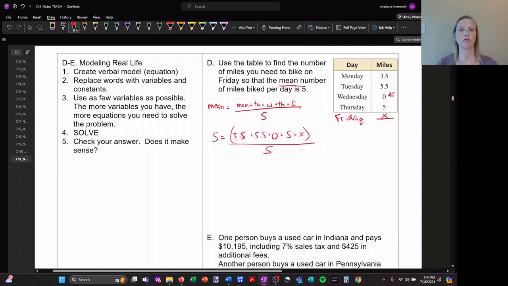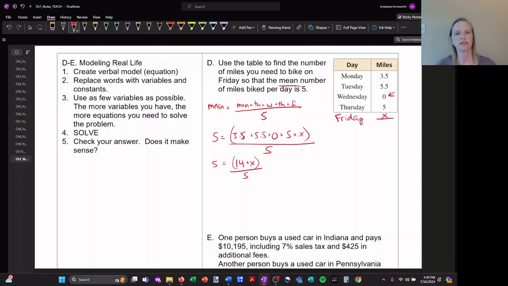As we try to solve for X here, the first step is to simplify what we have. There's a big addition problem in the numerator, so I'm going to add 3.5 plus 5.5 plus 5, those like terms, and the 0 does nothing to it. I end up with 14 plus x in the numerator, divided by 5.